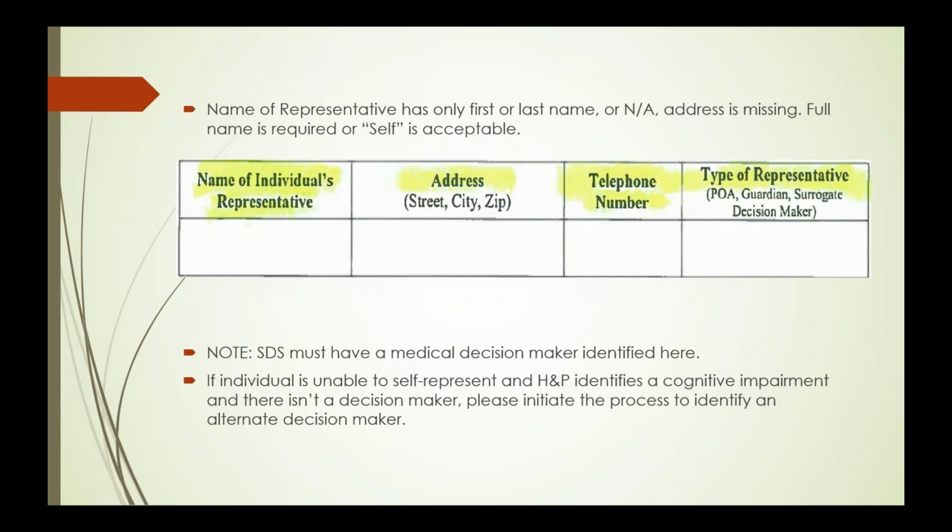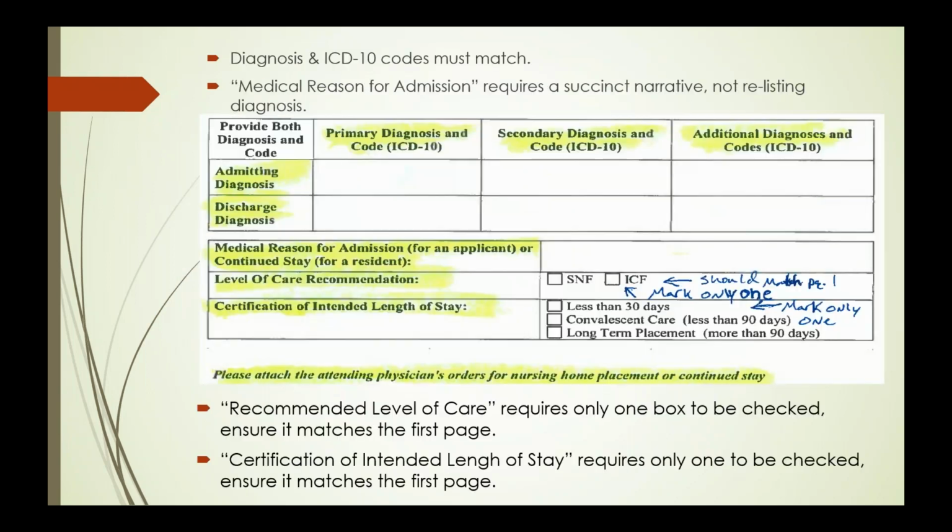If the patient requires an alternative representative, this is the spot where you would put it, or you just duplicate the patient's demographic information in this area if the patient is their own representative. SDS must have a medical decision maker identified here. All right, next slide.